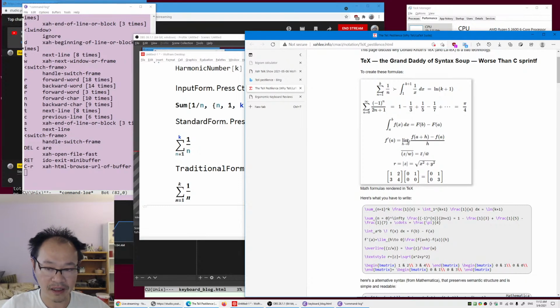So there are many competing notations, and eventually we converged into one standard traditional notation. So for example, this is a definite integral, and this is the first order derivative of a function f, and here's the limit, and here's the sum, and here's the infinite sum. So those are traditional notations.